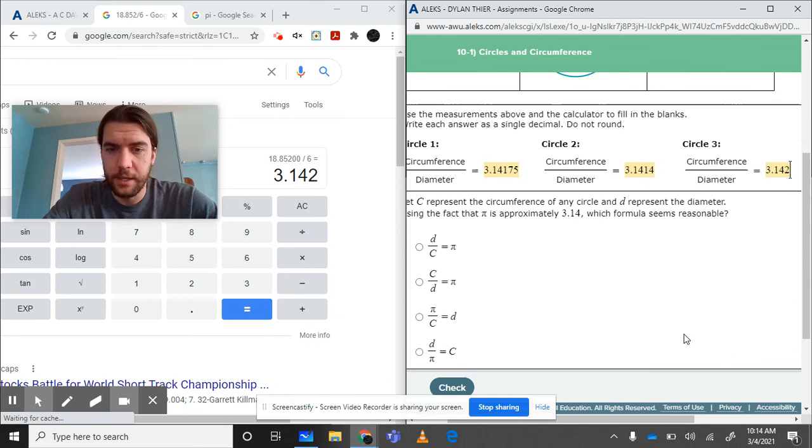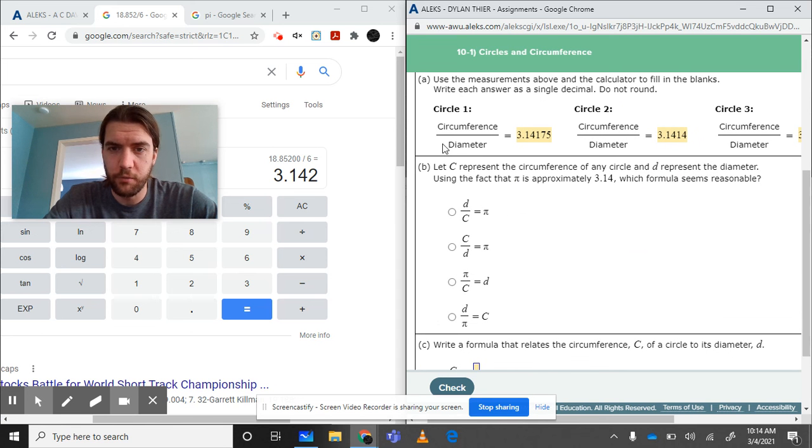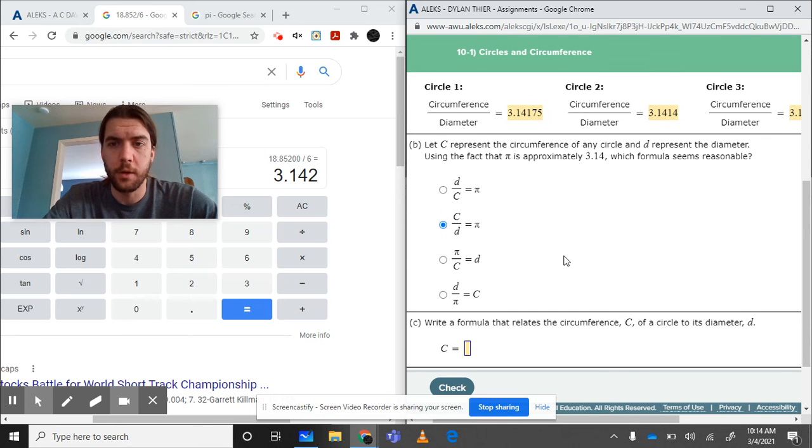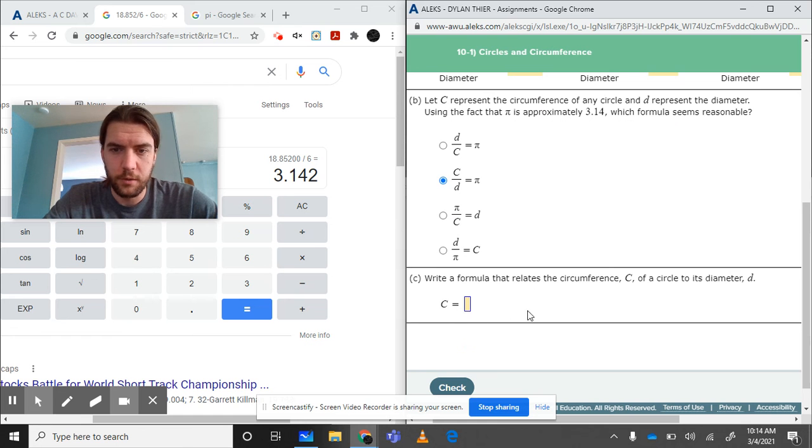You may not get it perfectly if you don't measure things perfectly, but if you do your circumference divided by your diameter, you should always get really close to pi. If you're measuring perfectly, you will get pi. So write a formula that relates these two. The circumference is, well, if we took this equation, multiply both sides by d, we have diameter times pi.